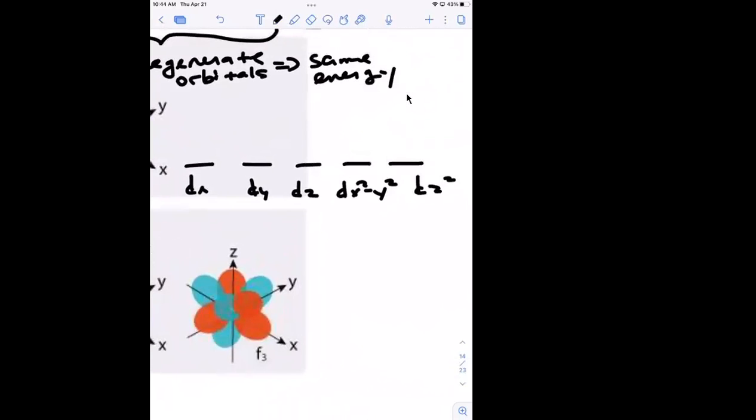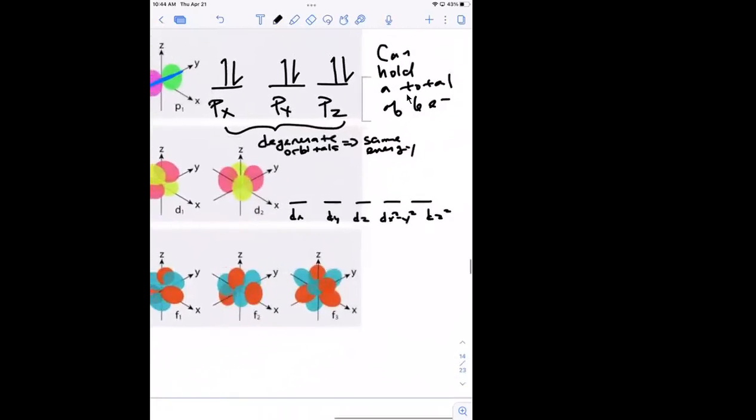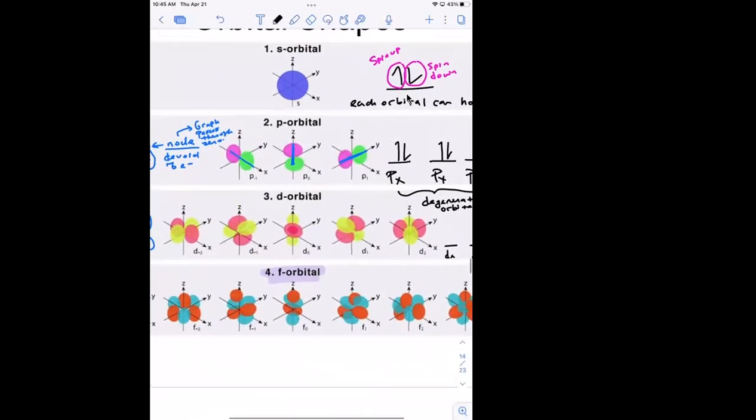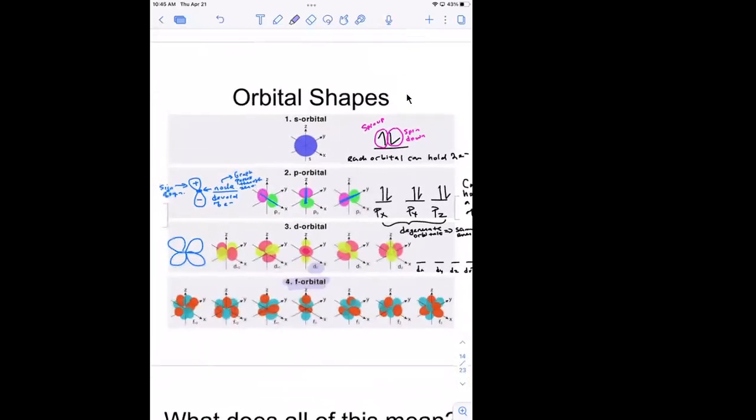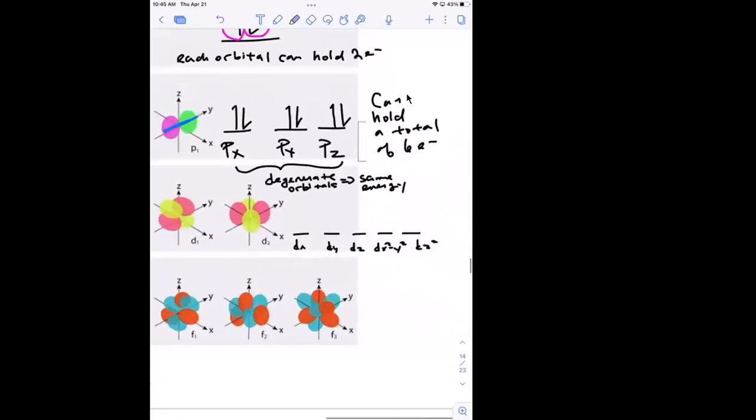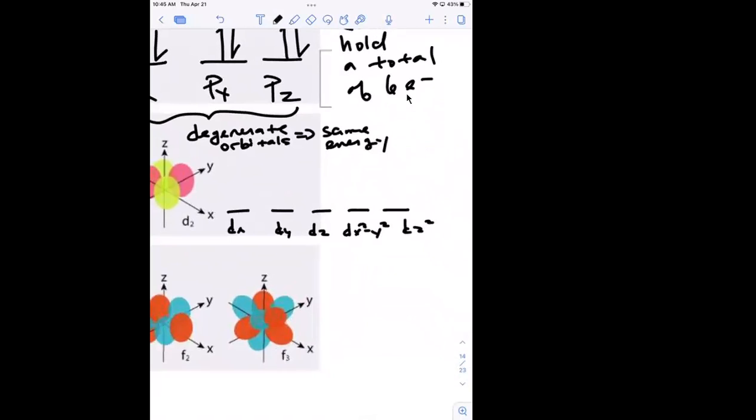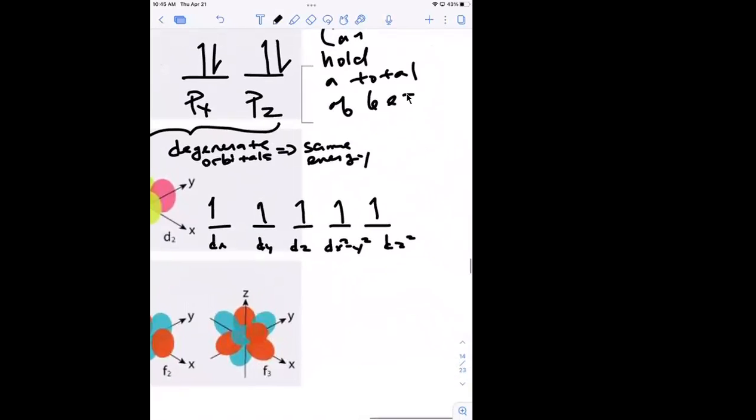Those are the d orbitals, and the dz squared is this one, if I'm not mistaken. It's what we call a dumbbell and a donut. So you have a P-shaped dumbbell and then a donut or circular piece around it. So we do the D's. We put one in each. These are also degenerate. So we'll put one in each, but then it can hold up to 10 electrons.